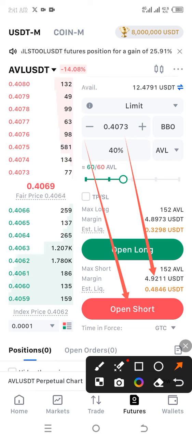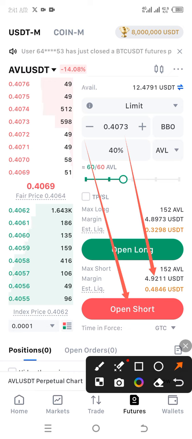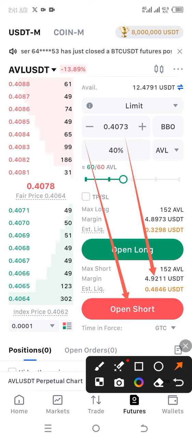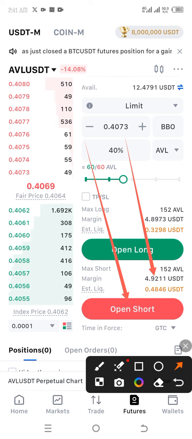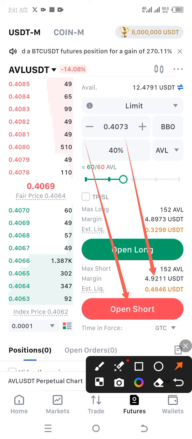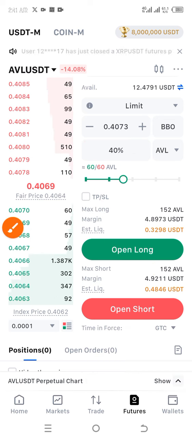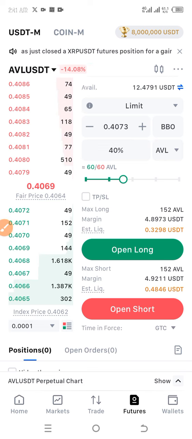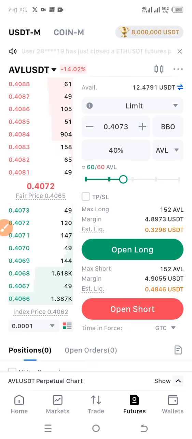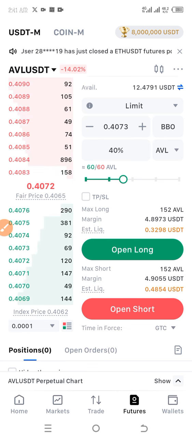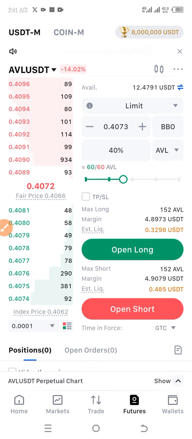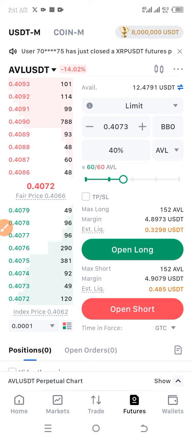I'm not using anything above 40%. So this is just how I do the future trading. In the Telegram platform, we discuss, and once I enter the position, I always drop my position, and anyone who is interested will join us. So this is how I enter my position.